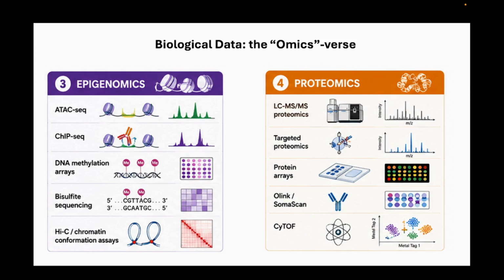Proteins do much of the actual work inside cells. Proteomics therefore attempts to identify and measure proteins on a large scale. Again, this produces substantial quantities of data, and again, bioinformatics is needed to process and interpret that data.